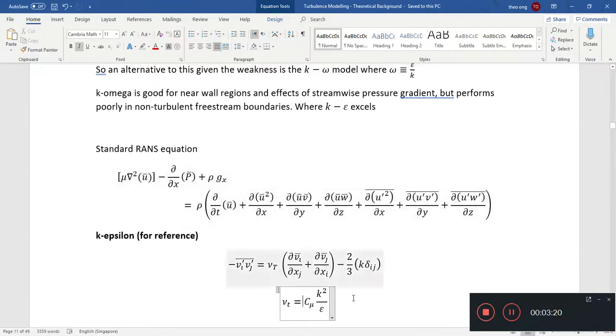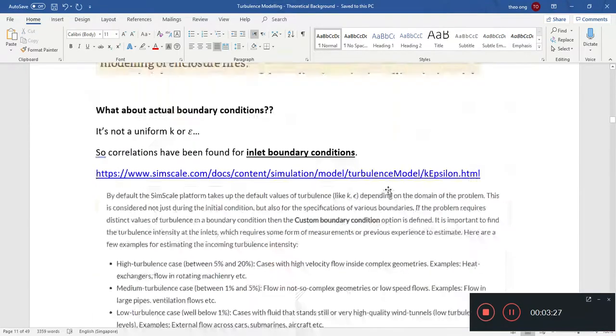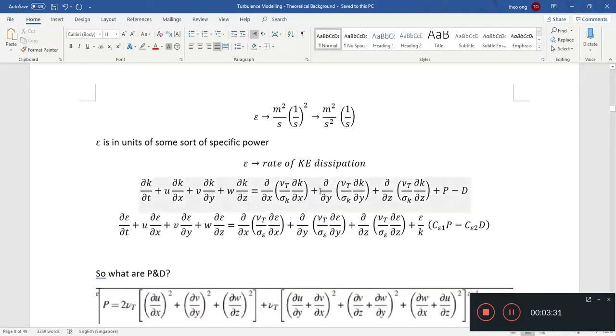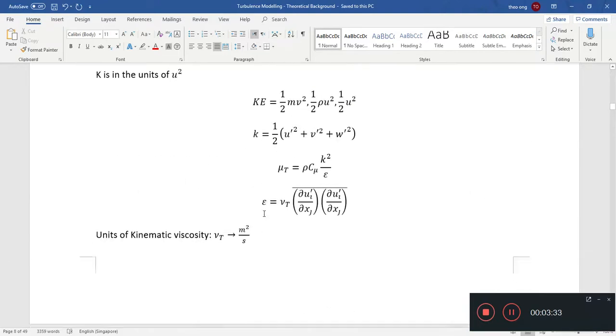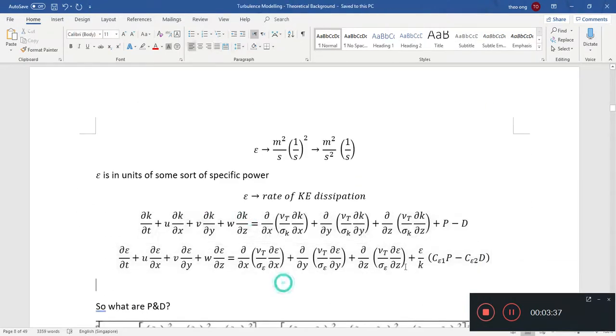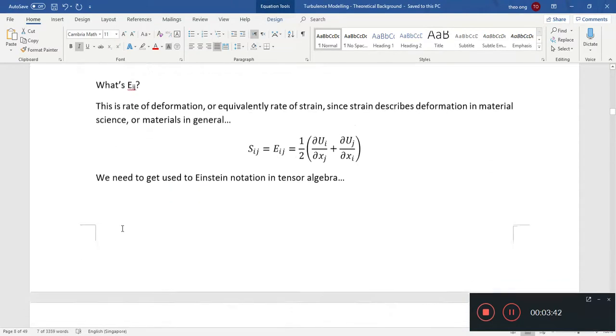And then how are the transport models of k and epsilon done? I'll just scroll back. Okay, these are the two transport equations for k and epsilon.